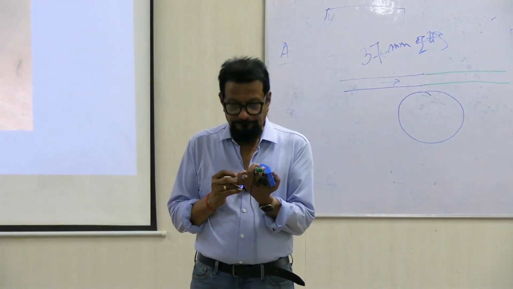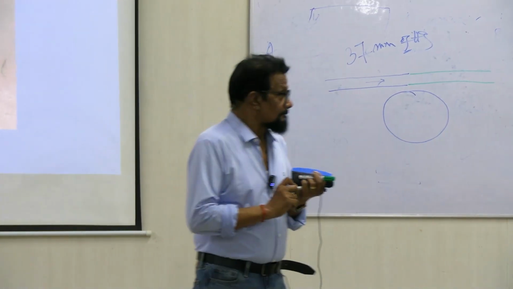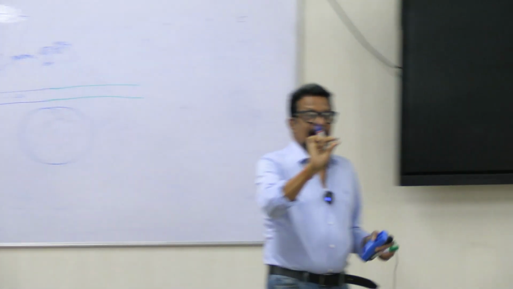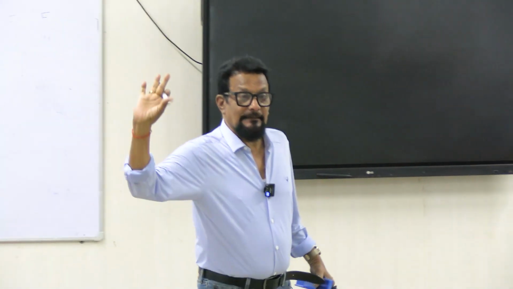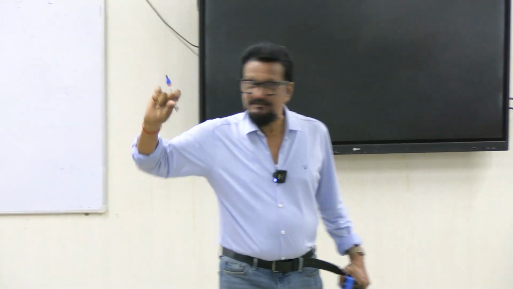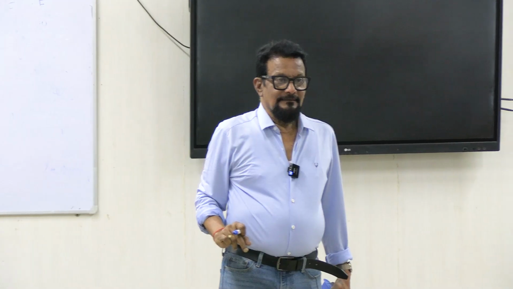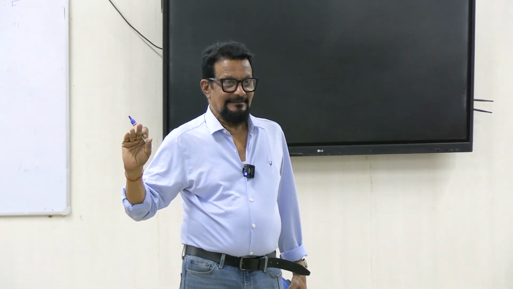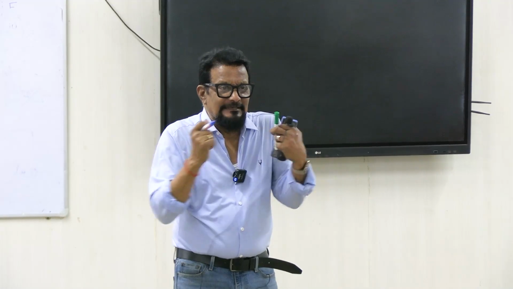How will they come out? The wall of this capillary is made up of a single layer epithelium. Single layer, one cell. These are called endothelial cells. And these endothelial cells are not adhering to one another tightly.